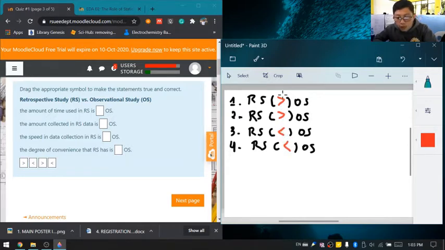So, to us, it's basically the same symbol.